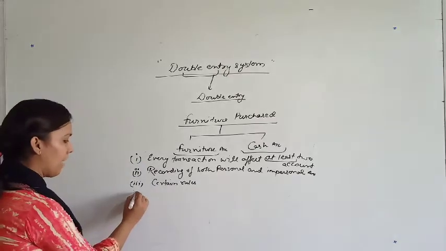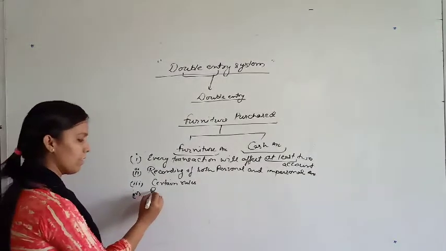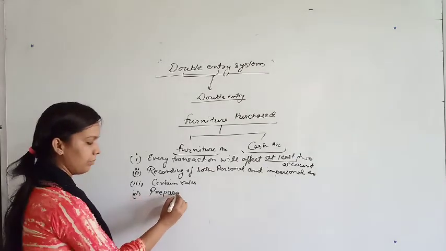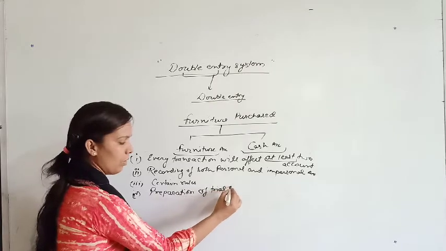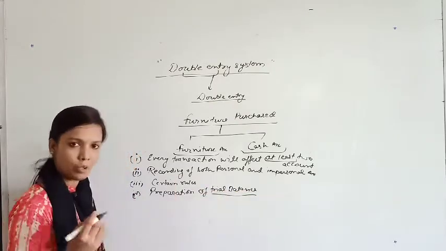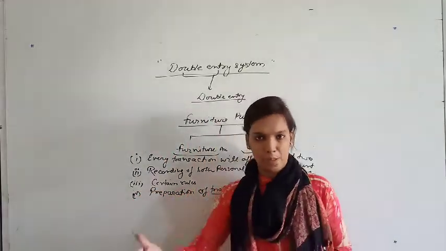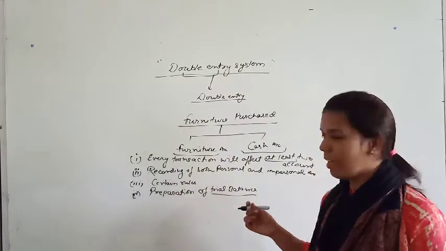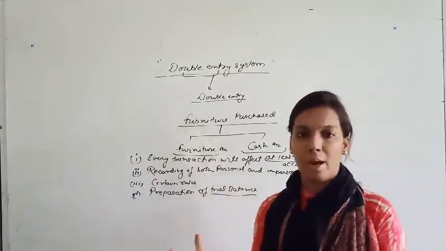Okay. And the last characteristic will be preparation of trial balance. Trial balance is also a new term for you, what is the meaning of trial balance, but don't worry, we will understand these terms in the next chapters, because on the basis of trial balance there is a full chapter.